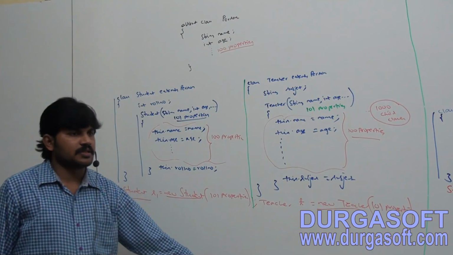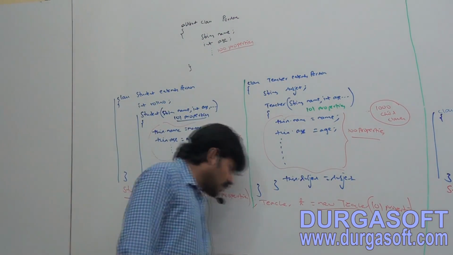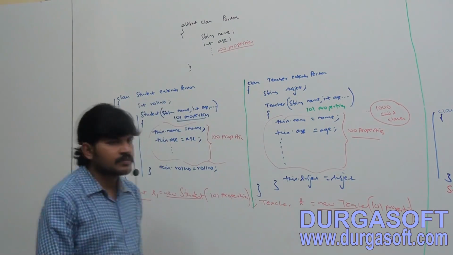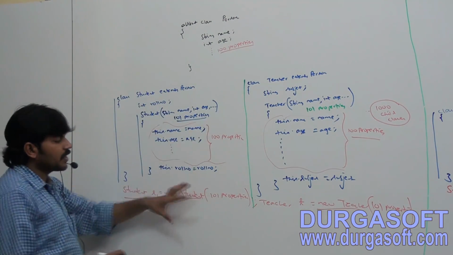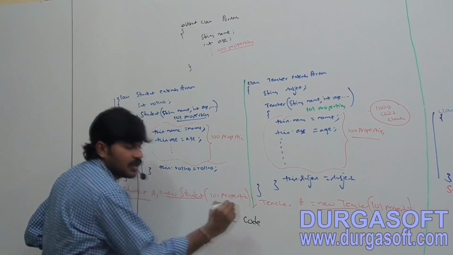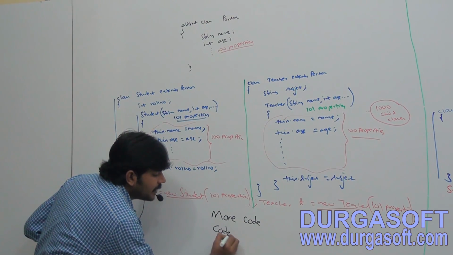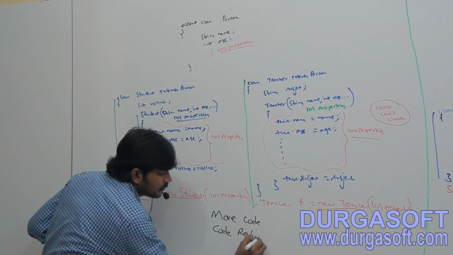Are you getting it? Next, add this one. So here I can blame this code, because the problem is that the length of the code is more. Next, code redundancy problems are there.